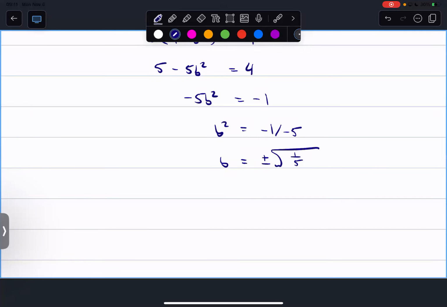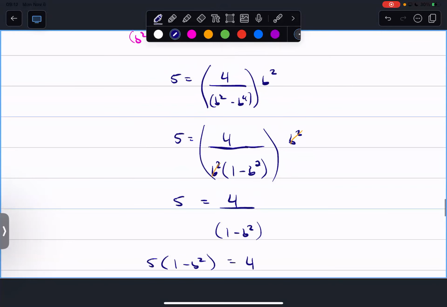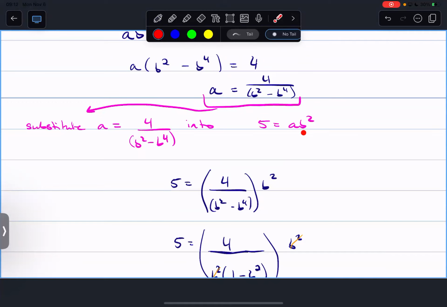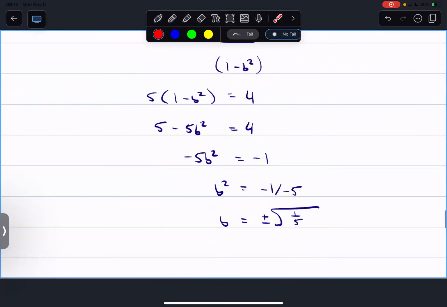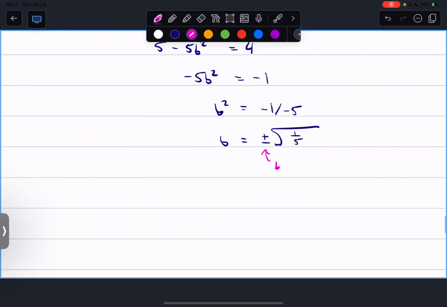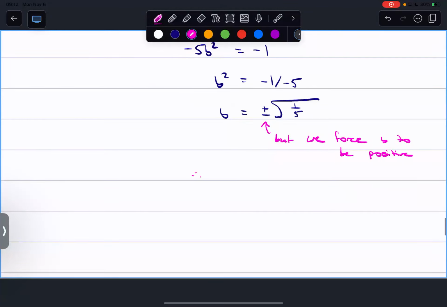Usually we ignore the negative, right? And so let's think about what b is. b is the base of the exponent, and we already forced b to be positive, which means that b is the square root of 1 over 5, or 1 over 5 to the power of 1 over 2.